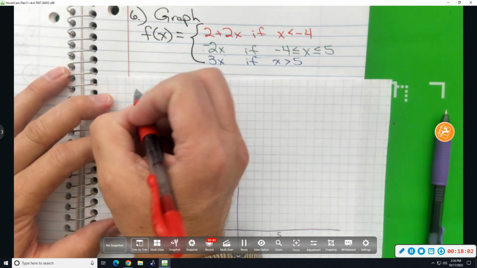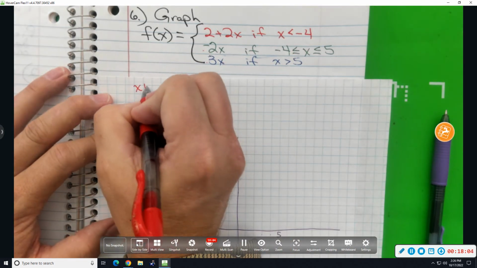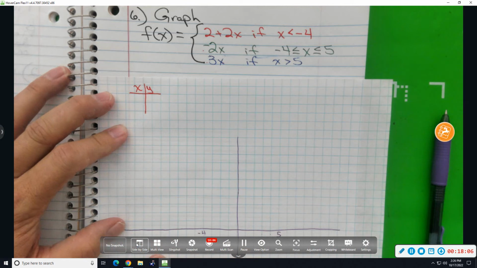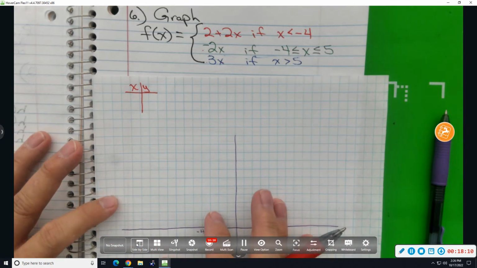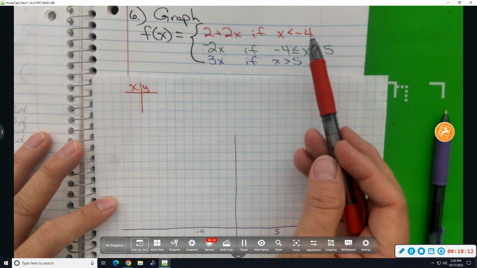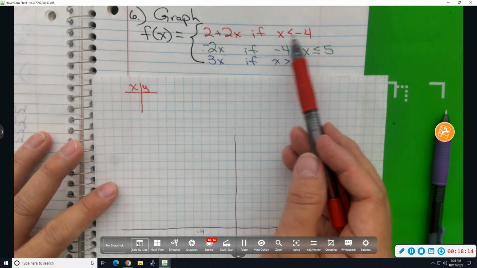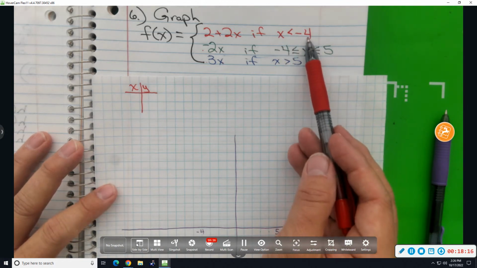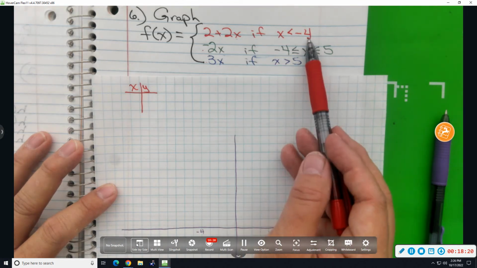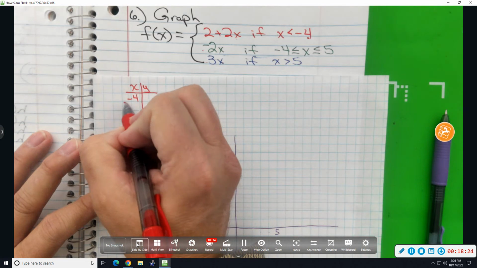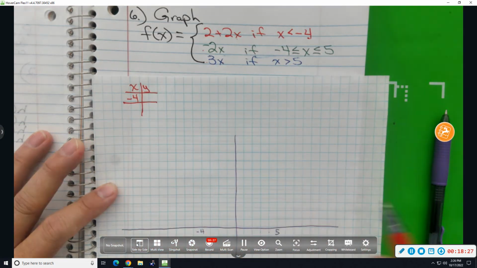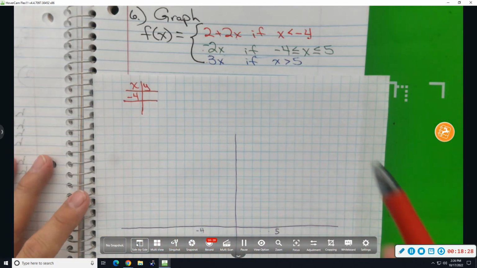So for the red piece, as I said, we're going to plot points, but we're plotting them intelligently. The first number that you will always want to use when you're plotting these things is any cut point that appears in the inequality. So for the red piece, you have to start off at -4. Oh, but look at that.